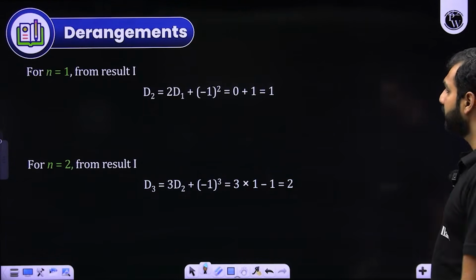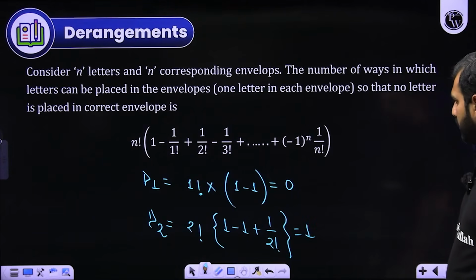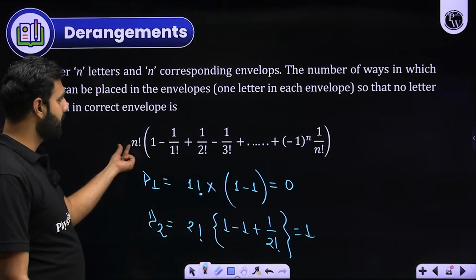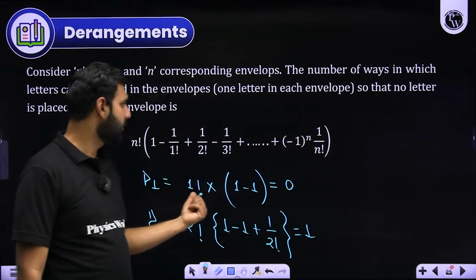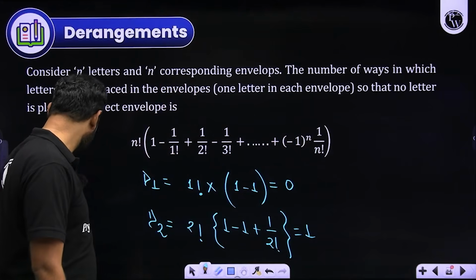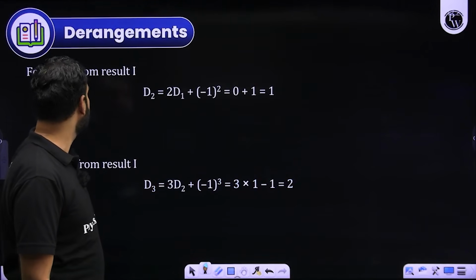So if I begin with this result, we know that D1 is 1. We have discussed it. No, D1 is not 1. Am I making any error here? D1 should be 1 factorial, and then minus 1 to the power 1 by 1, which is 1. So 1 minus 1, which is 0, and 0 into 1 should be 0. What is wrong? I think it is D2.